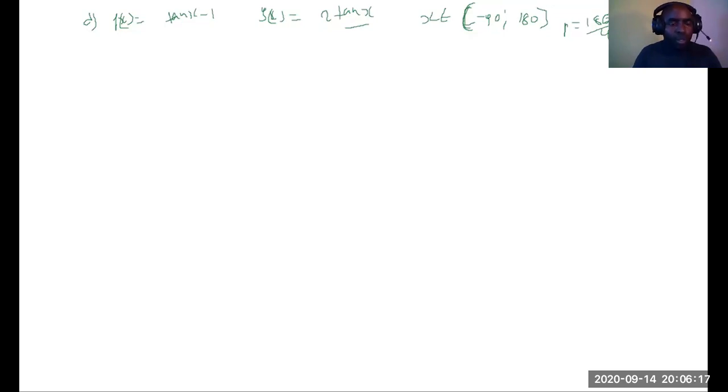So our starting point is negative 90 degrees, the end is 180, and the steps will be 45. Then we can have our table. Here we have got x, the angle, here we have got f, and here we've got our g.